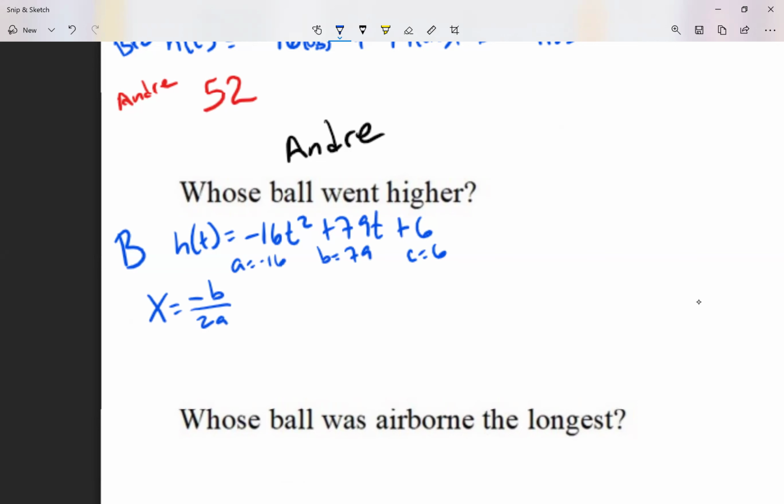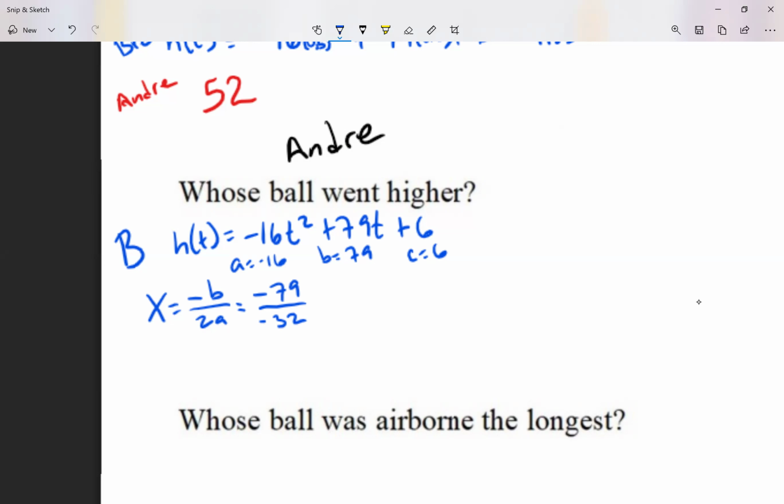So for my x value on the vertex, I'm going to go negative 79 over negative 32. At the bottom, I went 2 times a, 2 times negative 16. That's how I got the negative 32. Type it on my calculator.